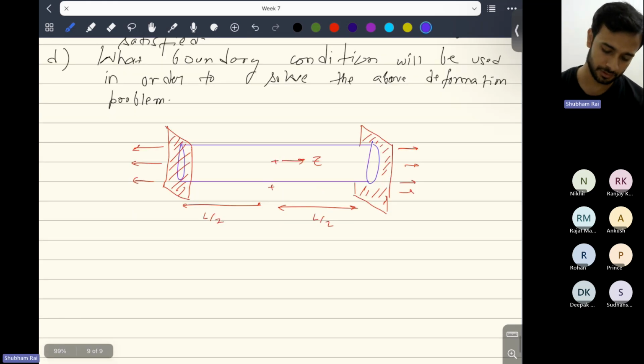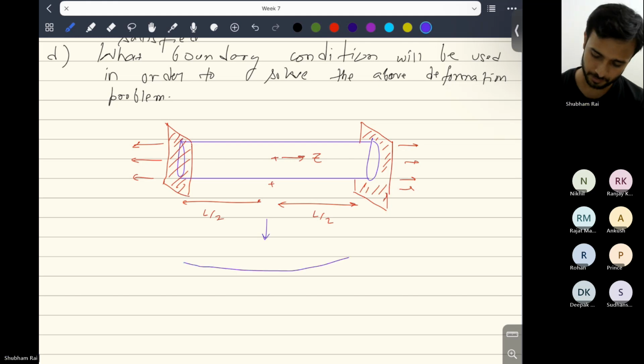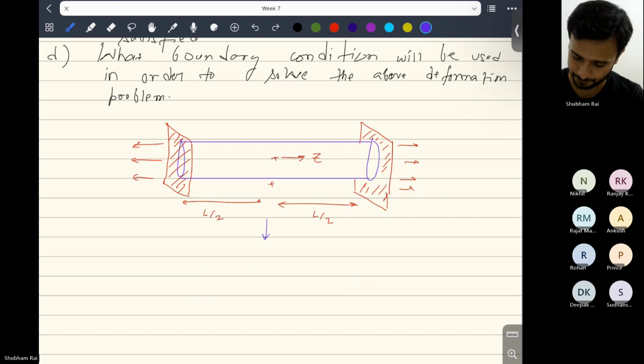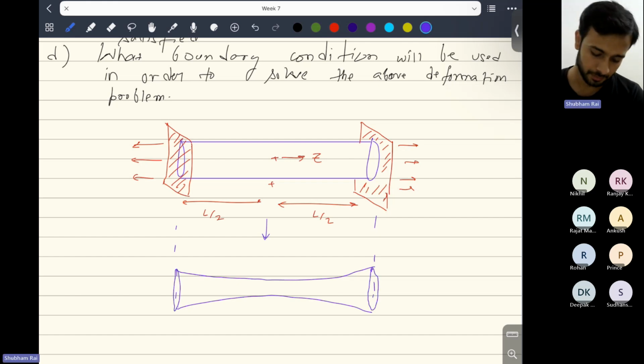Finally, if you pull these two rigid plates apart, the cylinder will become something like this, right? Let me draw it nicely. This will be uniform.